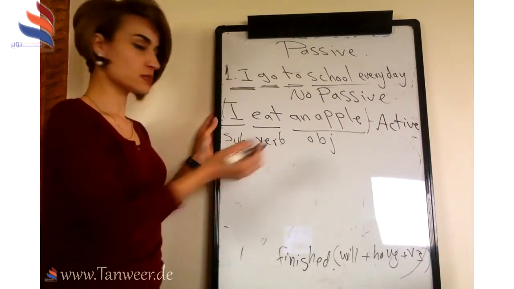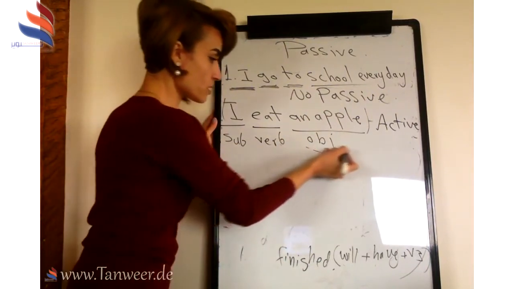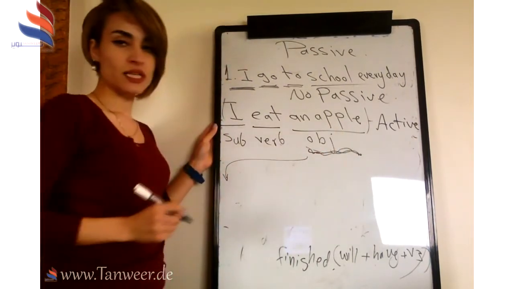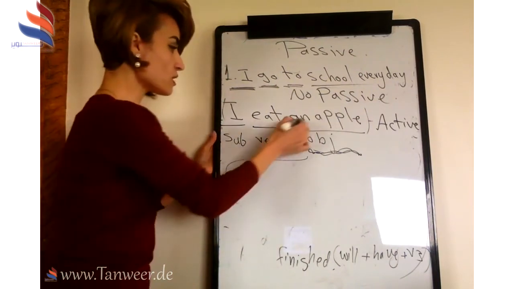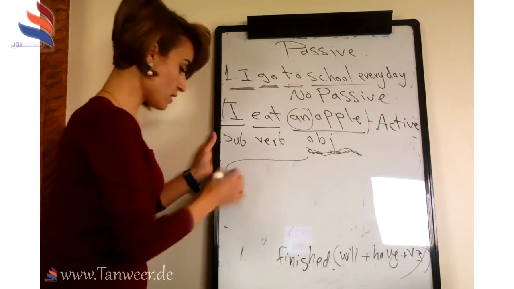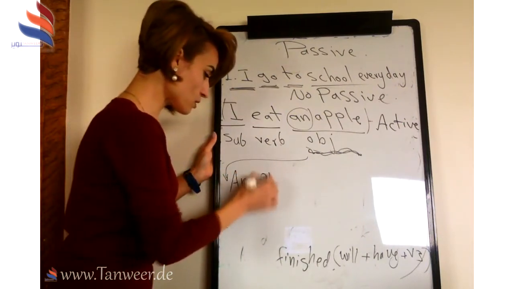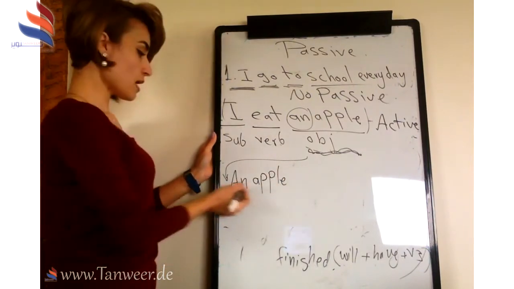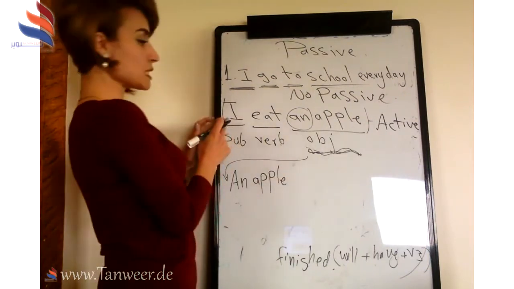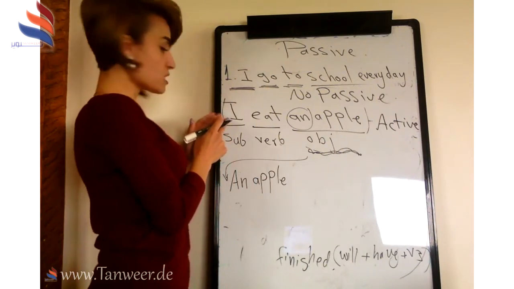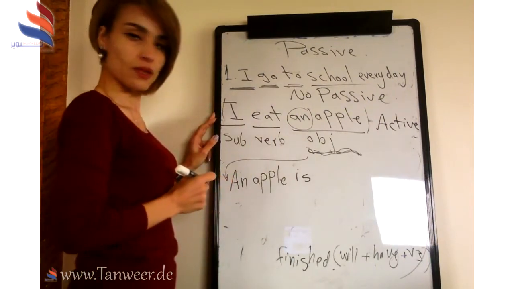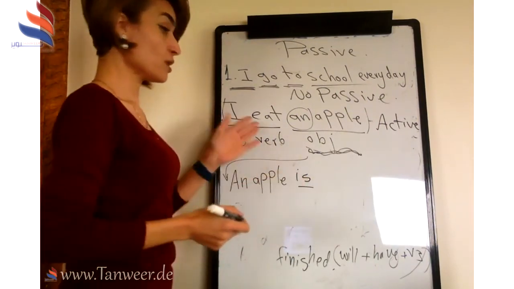To make it passive, let's let the object move from this position to the beginning of the sentence, with the article it accompanies. So here we have an apple. This sentence is in simple present, as we already mentioned. So since it's in present, I say an apple is. You will say we don't have a verb to be here.